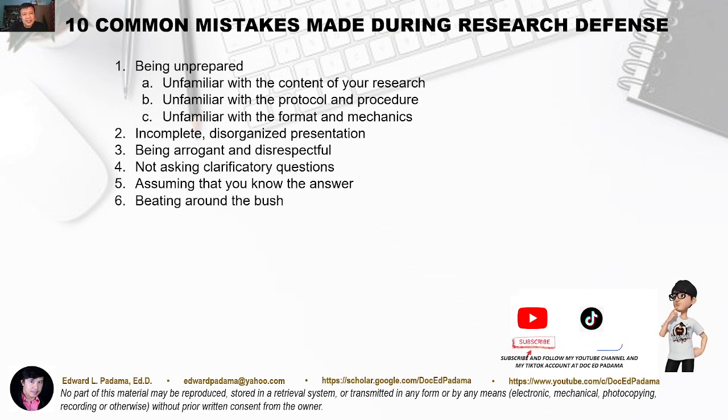The next one is beating around the bush. When the panel asks you questions, try to listen. If the question is logical, which means it only requires you to answer yes or no, true or false, or try to give specific details on your research. Example is the number of respondents, which is discrete.